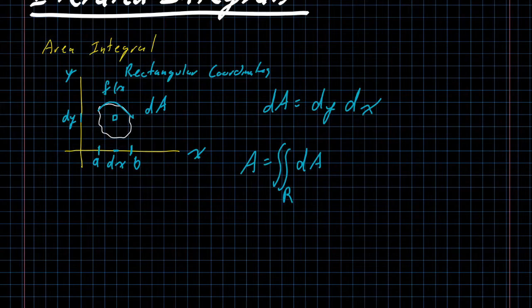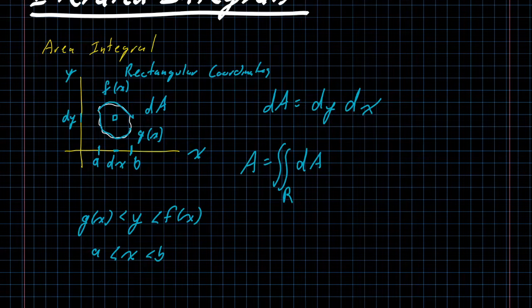We called it f of x, and we had an expression for the curve down here. We called it g of x. And so this region is g of x less than y less than f of x, and a less than x less than b.